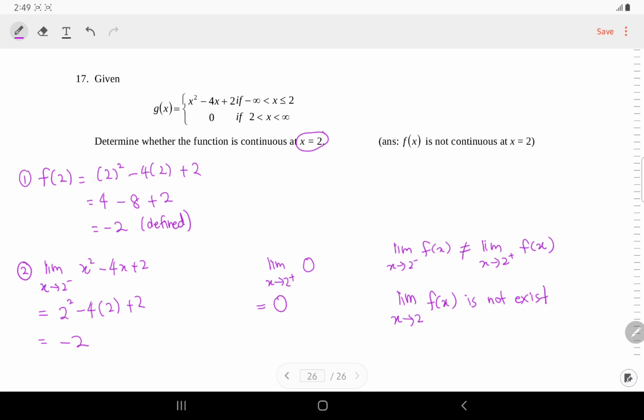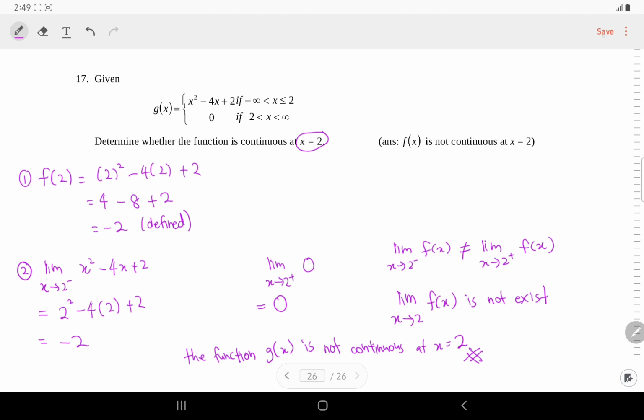Just write the conclusion as: the function g(x) is not continuous at x equal to 2. So this conclusion is very important. You need to state that this function is continuous or not.